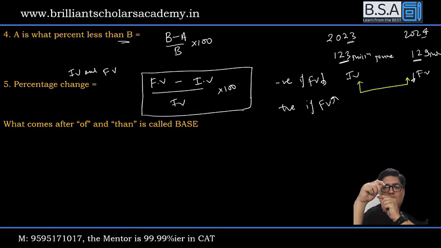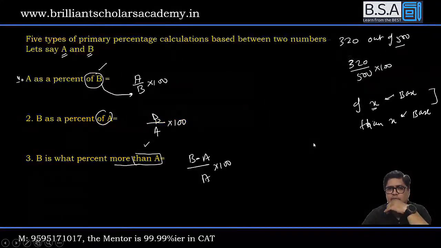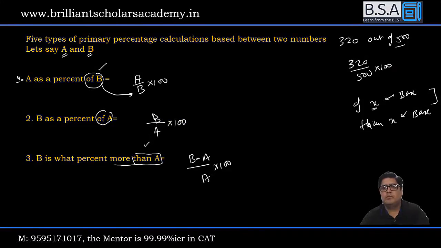Percentage change from 123 million, millions does not matter, it is the same unit. I was trying to show you that whatever comes after "of" is called the base.